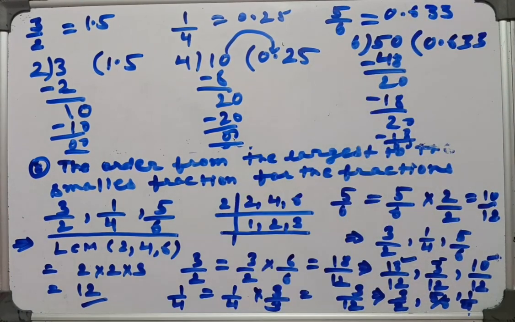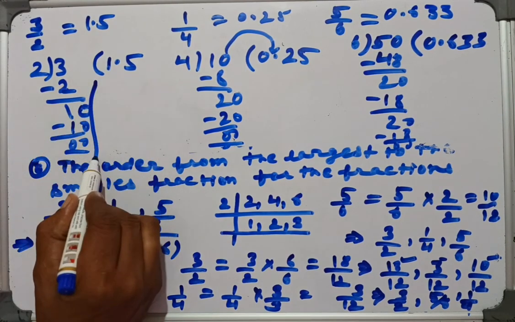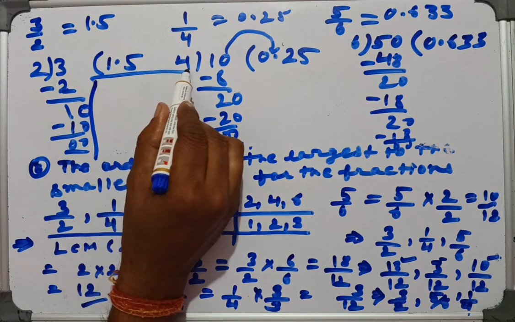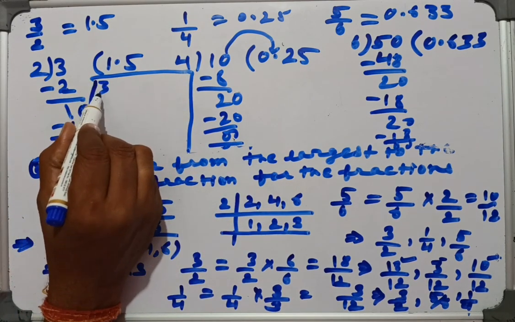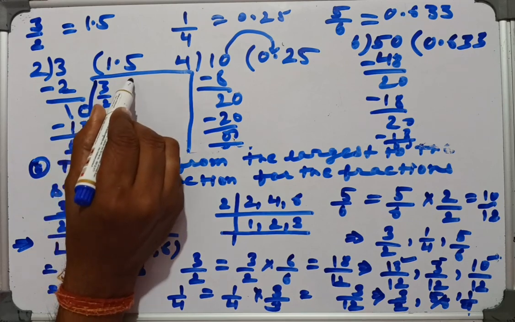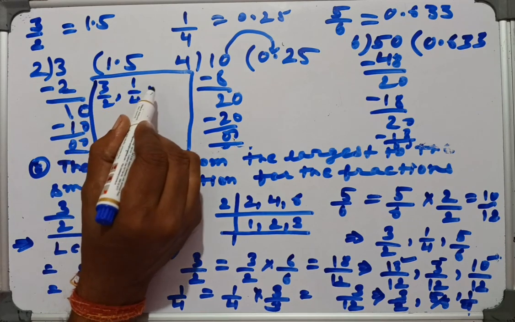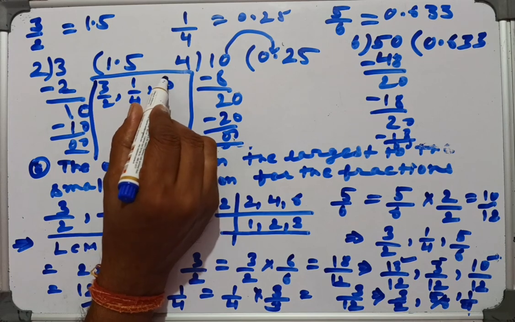Okay guys, so here I am writing the numbers 3 by 2, 1 by 4, 5 by 6.